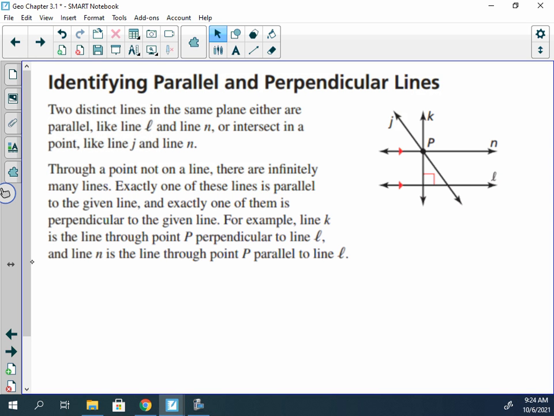Through a point not on the line, there are infinitely many lines. There's infinitely many lines we can draw. Exactly one of these lines is parallel to the given line, and exactly one of these lines is perpendicular. Okay, that's fine. I mean, it's not too big of a deal. It's also contained in your book.